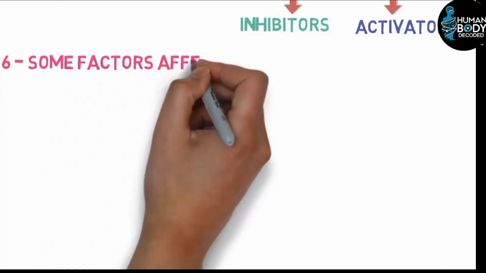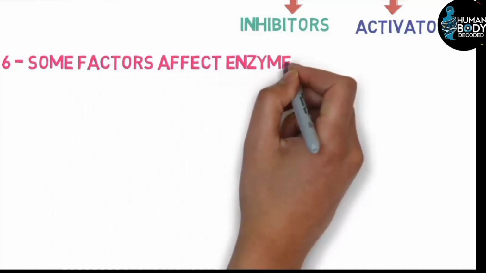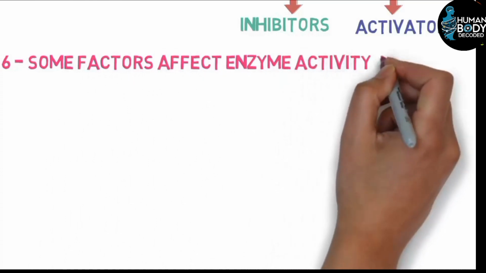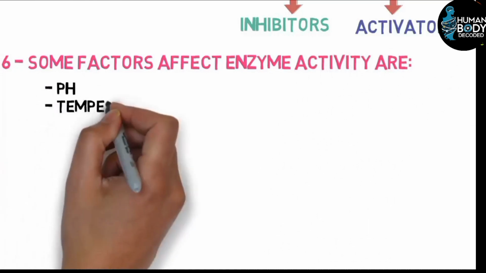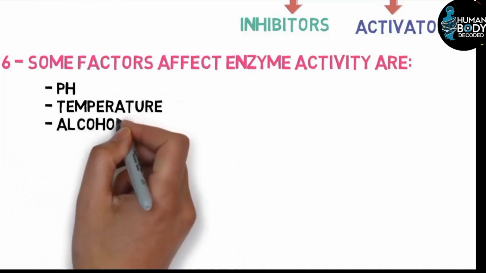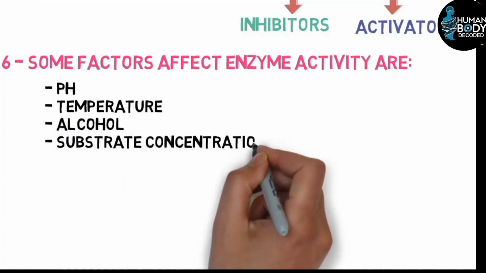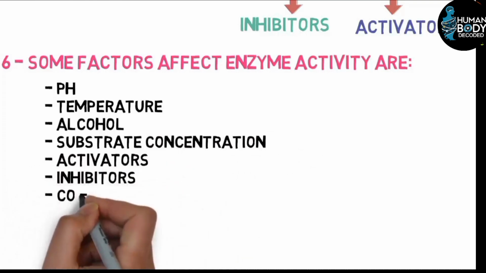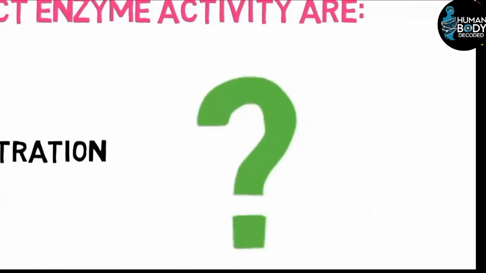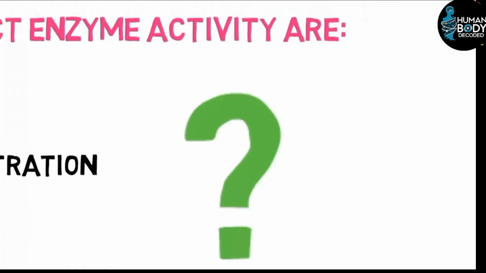There are several factors that can affect enzyme activity, causing it to increase or decrease. They are listed below: the pH, temperature, alcohol, substrate concentration, radiation, activators, inhibitors, coenzymes, and cofactors. All these factors influence enzyme activity in different ways.